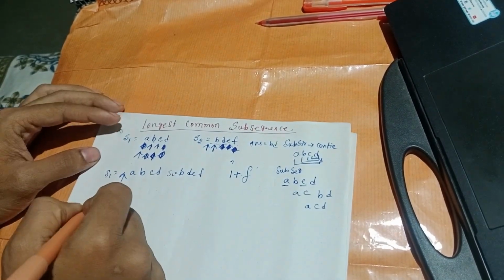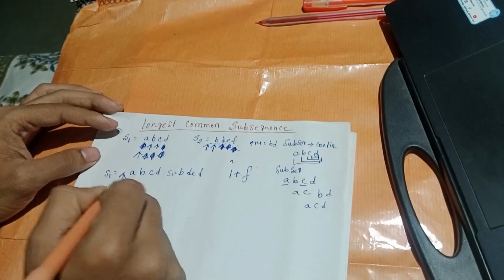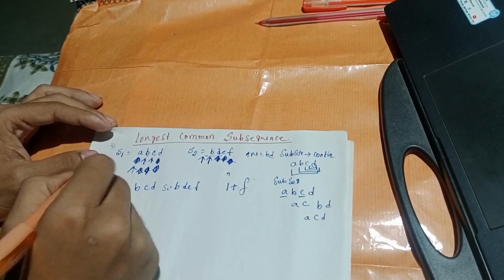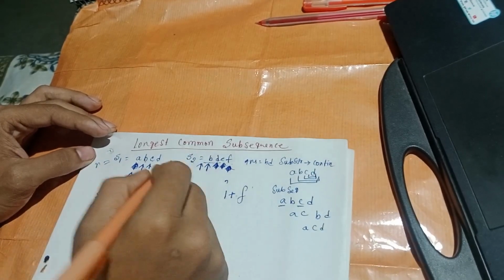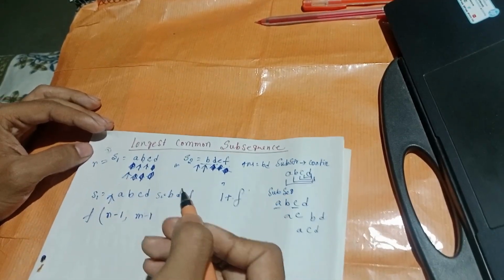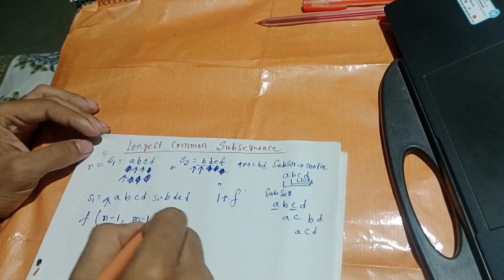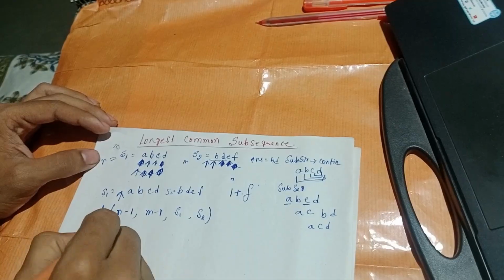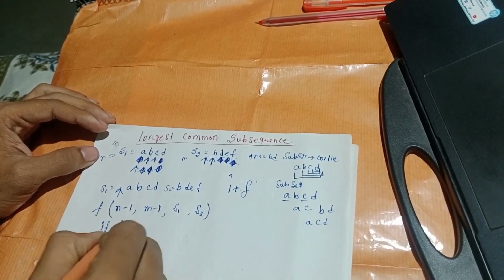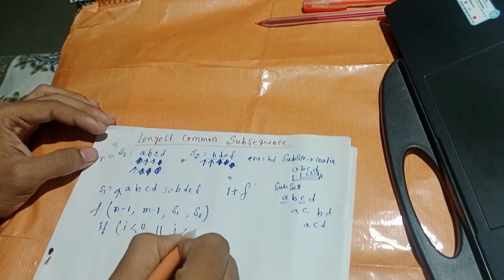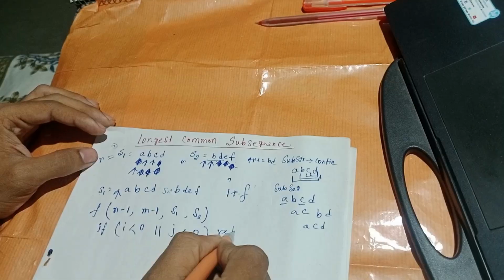So if I write the code, I write function of n minus 1, m minus 1, where n is the size of string s1 and m is the size of s2. Two indexes and string 1 and string 2. First check the base case: if i is less than 0 or j is less than 0, return 0.